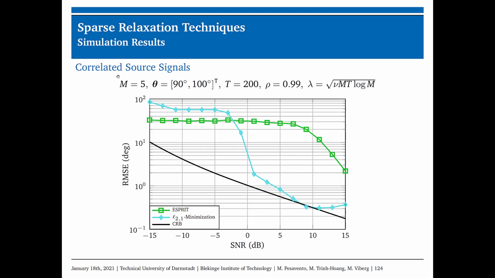In the next figure, we study the same scenario, however, for highly correlated sources with a correlation coefficient of 0.99. Again, we display the root mean square estimation performance versus the SNR. In this case, we observe that the root mean square error performance of the ESPRIT breaks down.